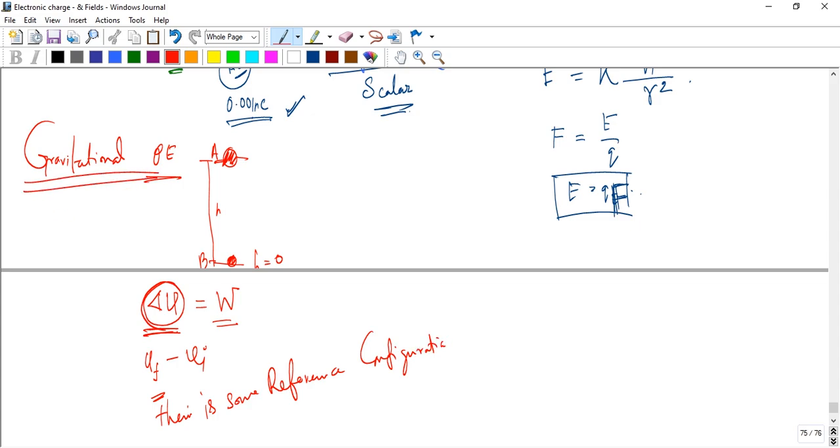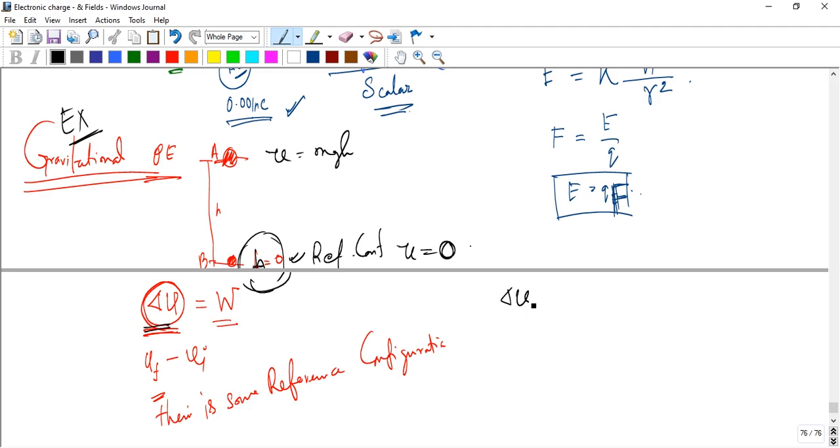If I take the gravitational potential energy as an example, the reference configuration is when the object is at ground level, that is h equal to 0. If the height equals 0, then U equals 0, the potential is 0, and here U equals mgh.